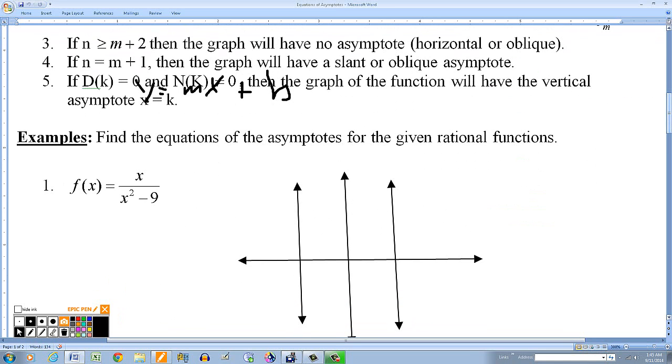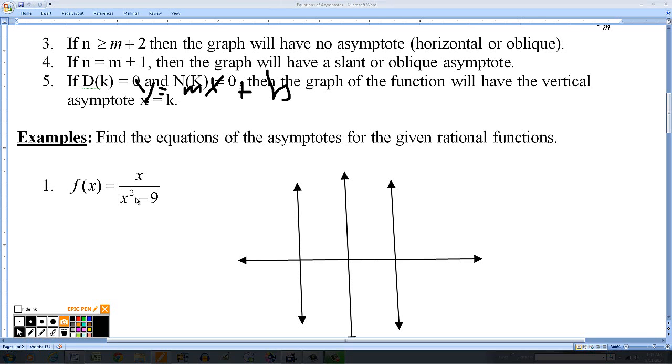Okay, so let's look at the first example that I have here. Find the equations of the asymptotes for the given rational function. Okay, so you can see that for this one, it's in the form of the definition, the degree of the numerator is 1, because the exponent there is 1. There's only one term.